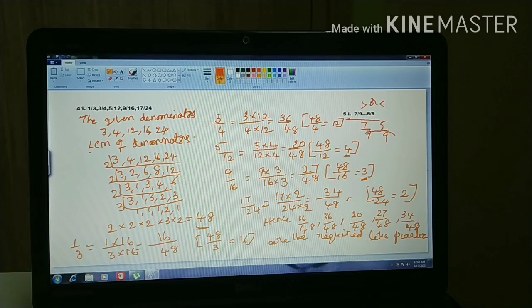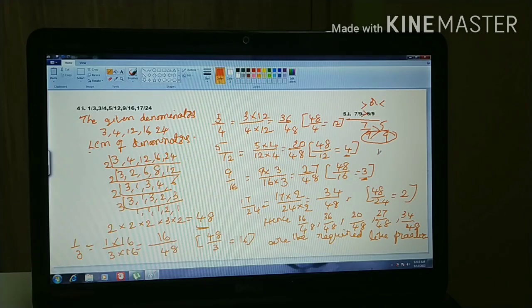Check here, both these denominators are equal. So if the denominators are equal, we have to look at the numerators. The fraction with the greater numerator will automatically be greater than the other fraction. So here you have to give the greater than symbol.